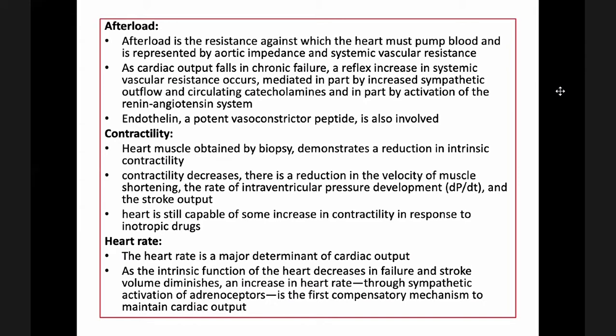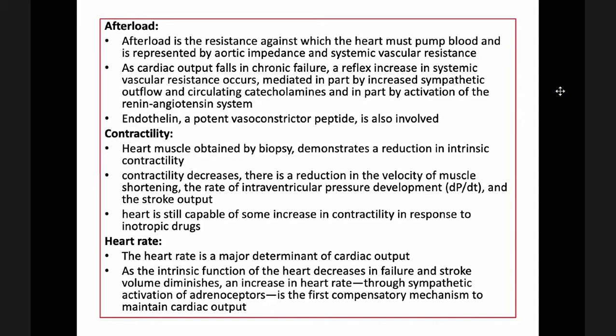The heart muscle also, when examined by biopsy in a patient who has heart failure, demonstrates a reduction in the intrinsic contractility. So contractility decreases, and there is also a reduction in the velocity of muscle shortening.